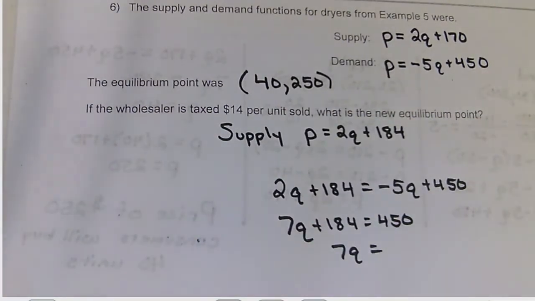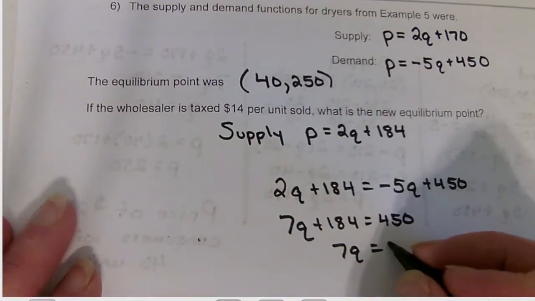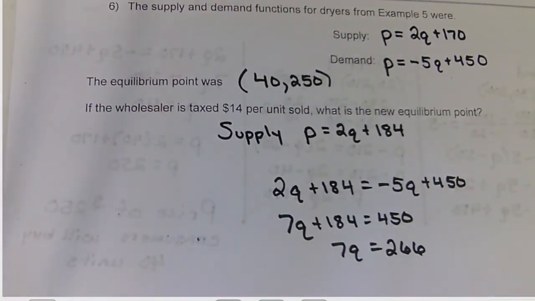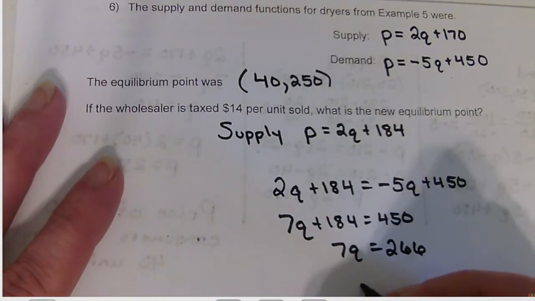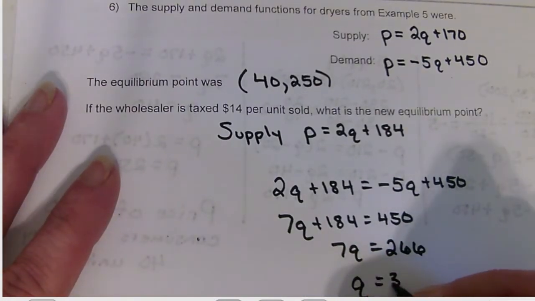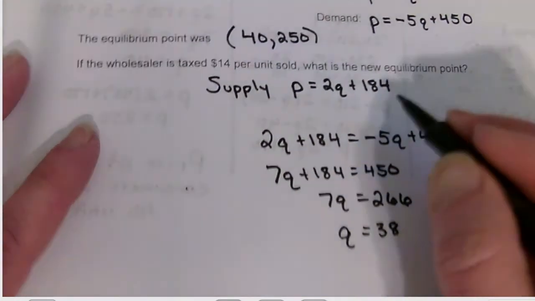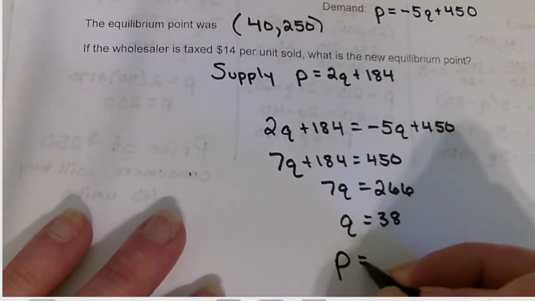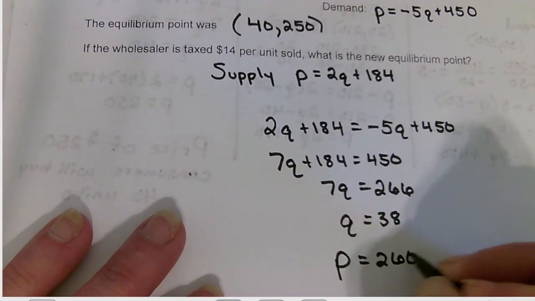So 450 minus 184 gives me 266 divided by 7. I get Q is 38. I'm just going to plug it back into my supply function and get that the price is 260.